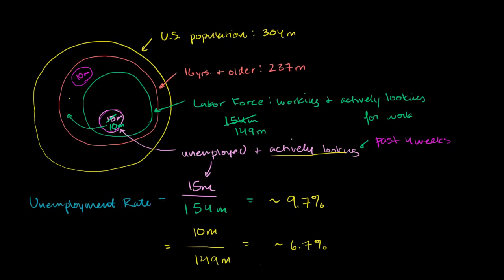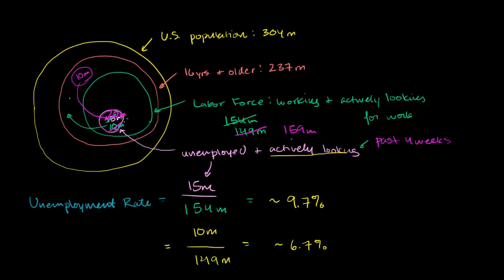Let's say we're starting from this baseline here. The economy gets good, and all of these people who are unemployed but not part of the labor force all of a sudden start looking for work. So then they'd be part of the official unemployed. So this 10 million would grow to 20 million. And this green area would go up by 10 million. So now this would be 159 million.